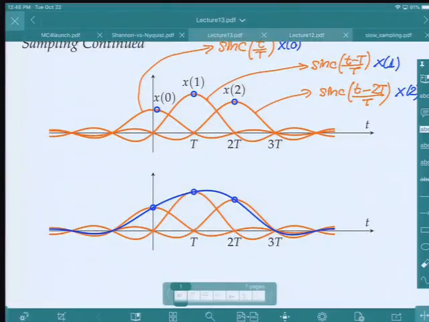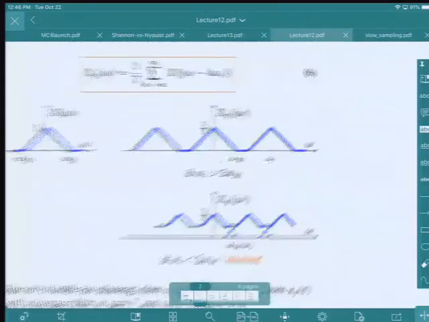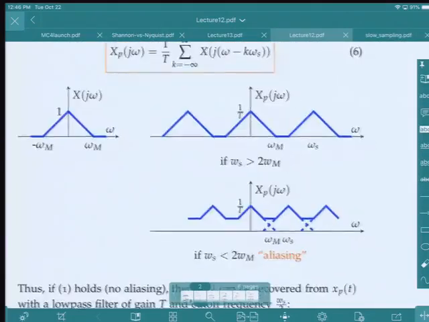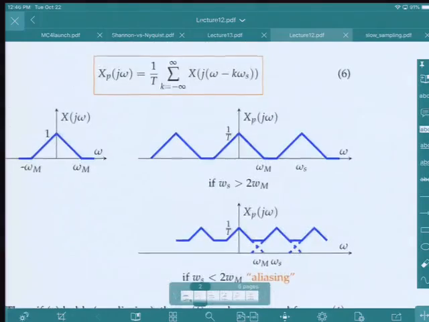Main, lecture 12. So this is a prettier picture of what I was drawing. So XP looks like this if X is like a triangle in the first place. The picture I showed you is the case where it was good. Omega S by 2 was bigger than omega M, so we didn't lose anything.